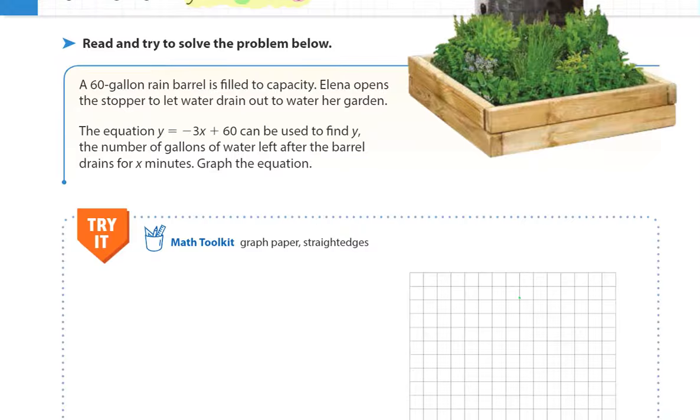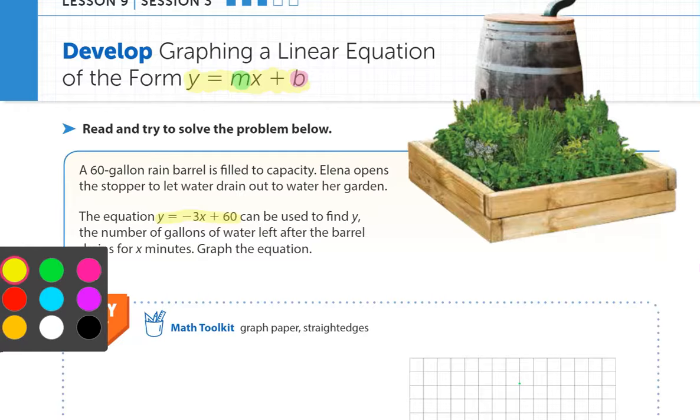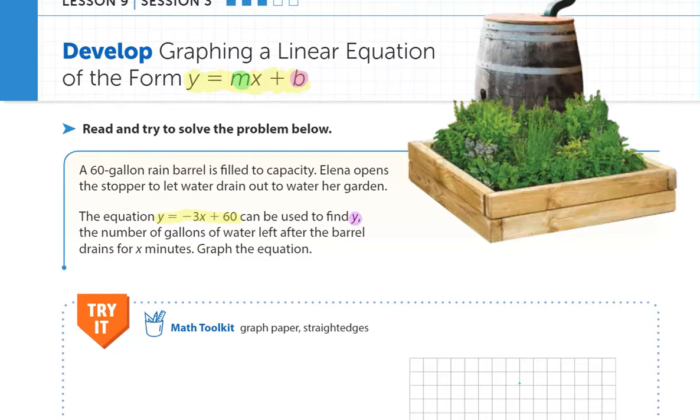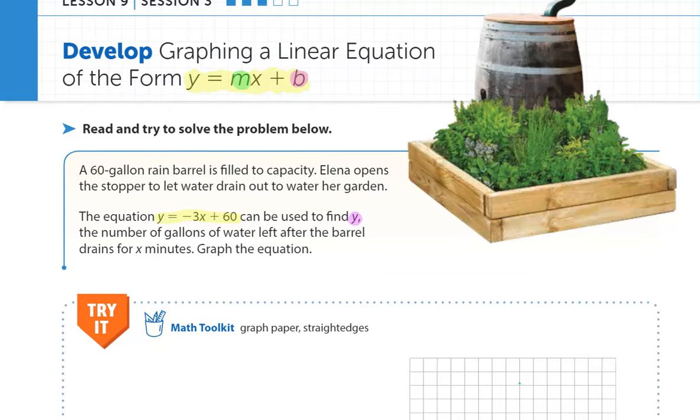Our try-it problem says, a 60-gallon rain barrel is filled to capacity. Elena opens the stopper to let the water drain out to water her garden. The equation y equals -3x plus 60 can be used to find y, which is the number of gallons left after it drains for x minutes.